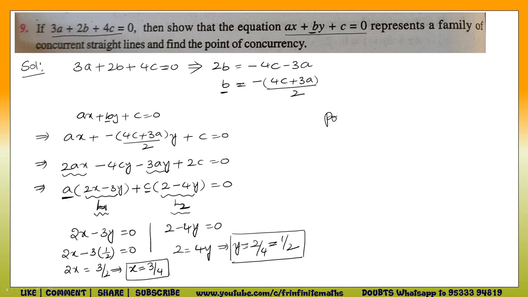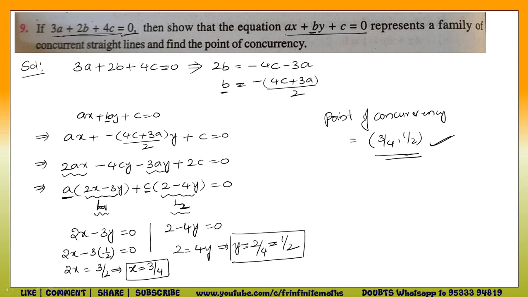Now from this directly I can write the point of concurrence, or the point of concurrency, is given by 3 by 4 comma 1 by 2. So this is nothing but my point of concurrence of the given line ax plus by plus c is equal to 0 when 3a plus 2b plus 4c is equal to 0 is satisfied, right?